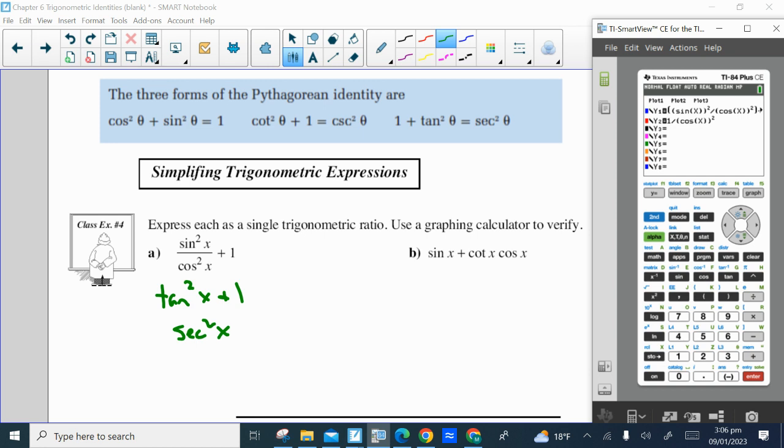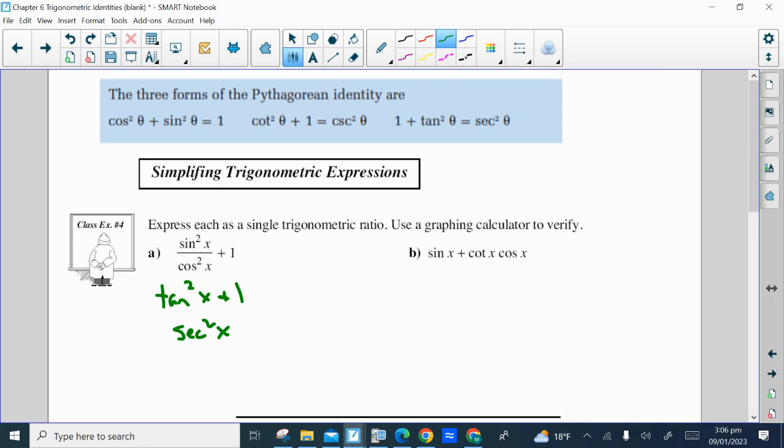That would tell us that our simplified expression is equal to what we started with. So when I hit graph, it happened fast, but the two graphs are drawn identical, one directly over the other. So we simplified our expression, and we also checked to make sure that our simplified expression was equal to what we started with. So for question B, same thing.